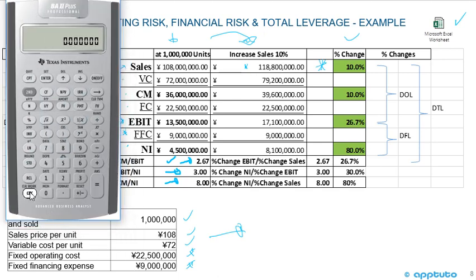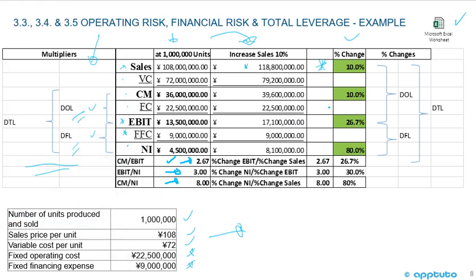Just bring up the calculator. 2.67 times 3, that gives us 8, a little bit of rounding, okay? So that gives us our 8. So you can see then from this example, if sales increased by 10%, then our change in our EBIT, our operating income, because the multiplier is 2.67, is 26.7%, okay?